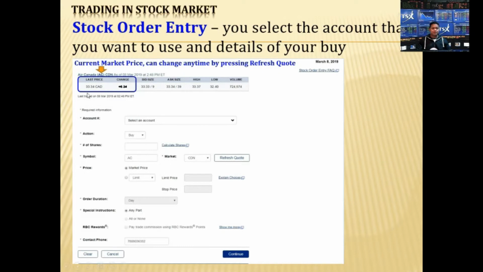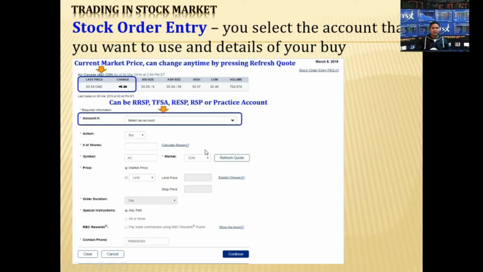For example, Air Canada current market price, which can change anytime by pressing the refresh code, and then you have to select which account you want to use. It can be your RSP money, TFSA money, or even a practice account. Then you have to enter the number of shares that you want to buy.